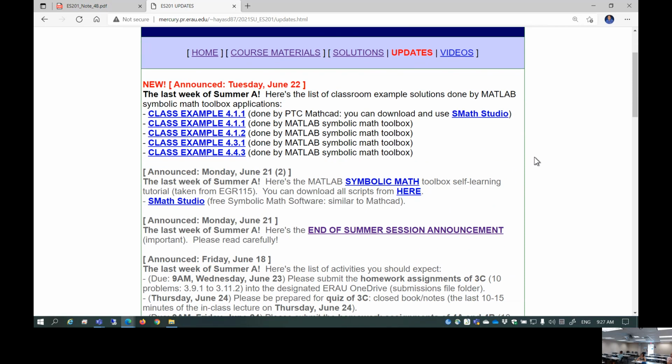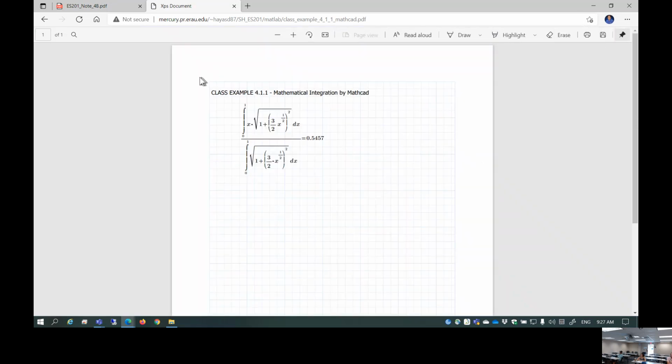So I posted class examples done by computer software, which is example 411, which we did yesterday. I have two versions. One is 411 done by PTC Mathcad or SMath Studio if you want to download and use the free version.